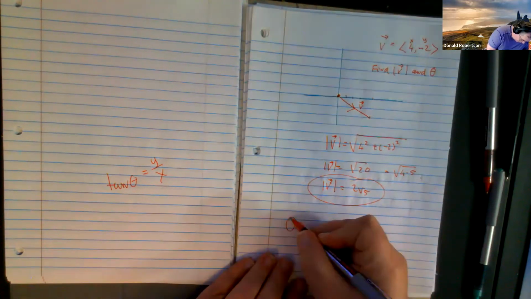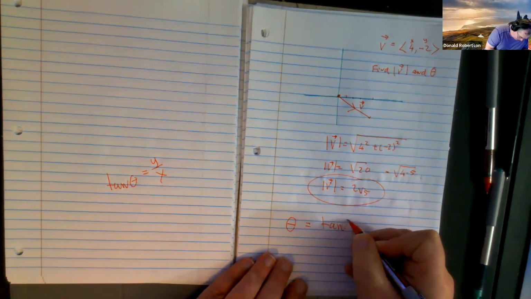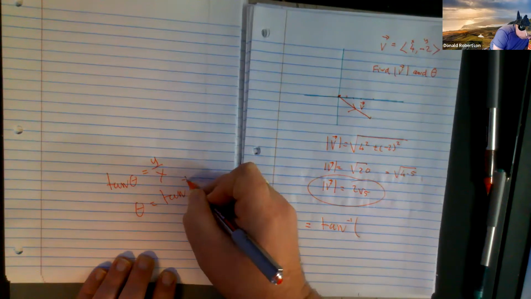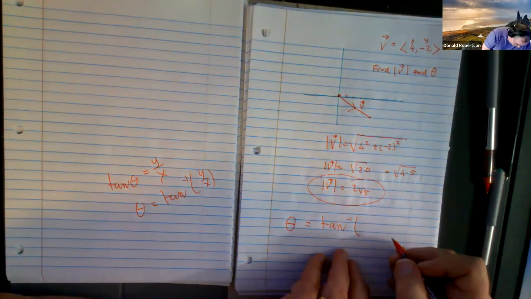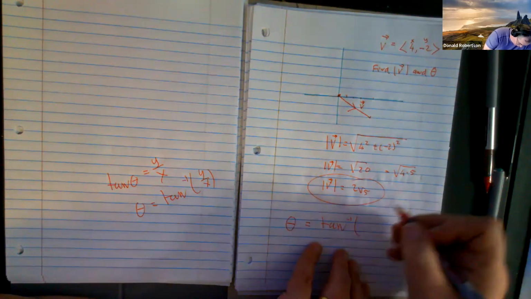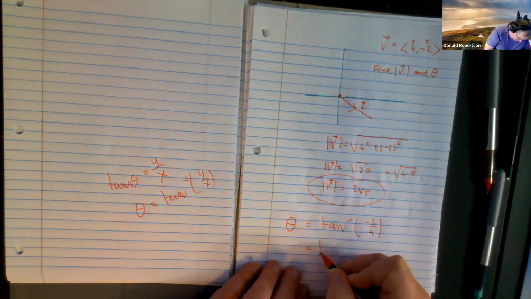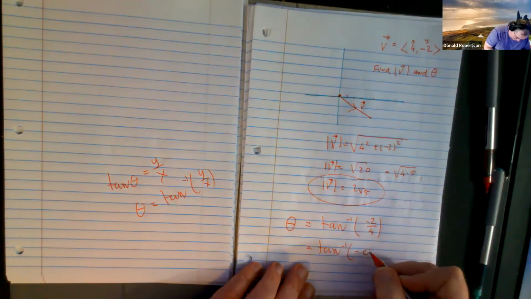So if you want to find theta, isn't it going to be the inverse tan? If I rewrite this slightly differently, isn't it going to be the inverse tan of y over x? So it's going to be the inverse tan of -2 over 4. And that becomes the inverse tan of -0.5.